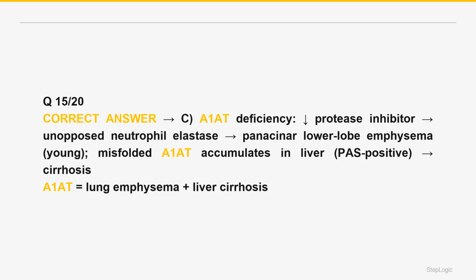So the lung suffers from too little A1AT, a loss of function, while the liver suffers from the retained misfolded protein, a toxic gain of function. The unopposed elastase emphysema plus accumulation-driven cirrhosis is alpha-1 antitrypsin deficiency.